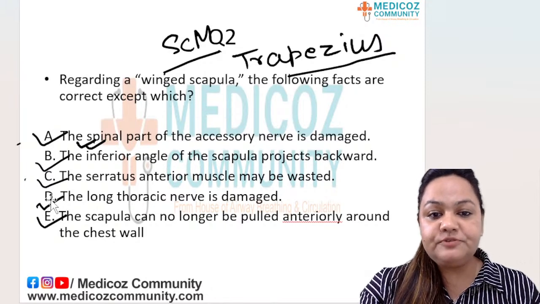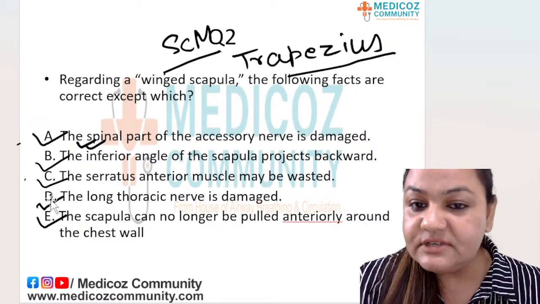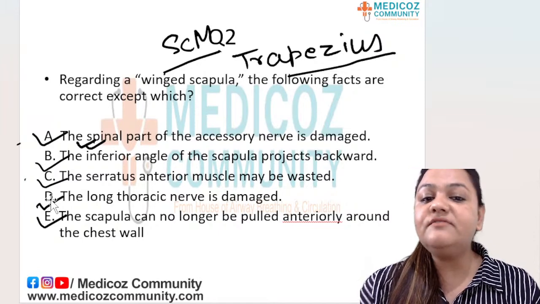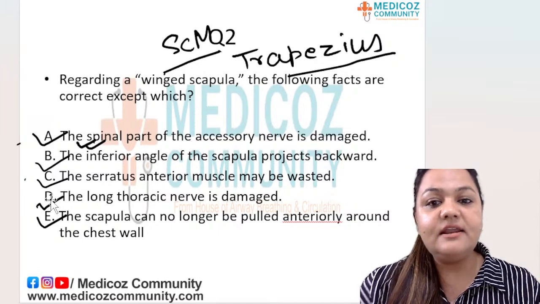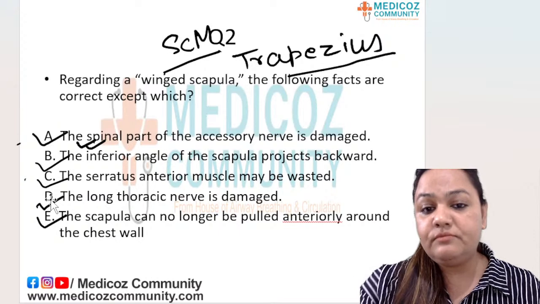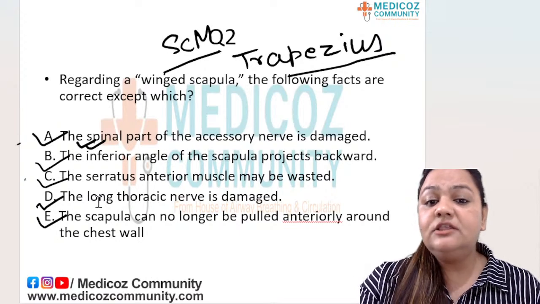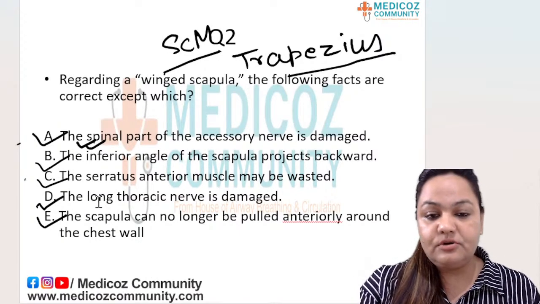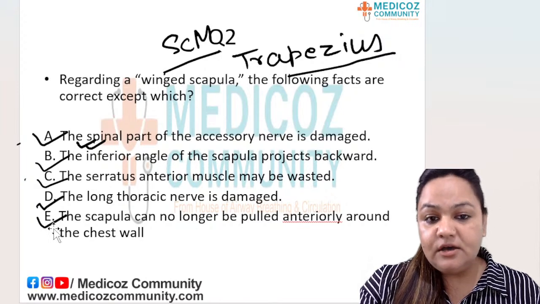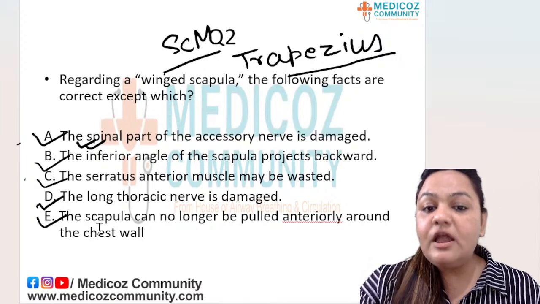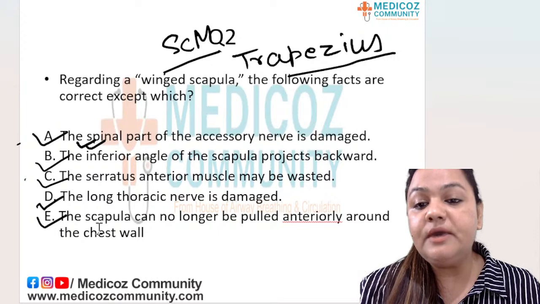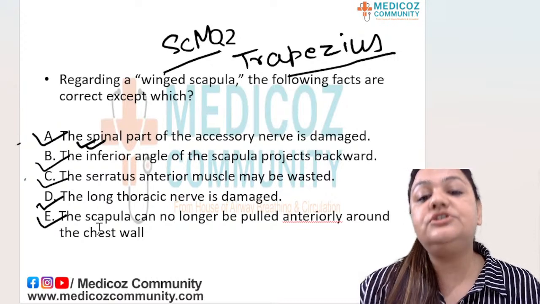Now we have option D, that is long thoracic nerve is damaged. Obviously the long thoracic nerve supplies the serratus anterior and it is paralyzed here. And why is it paralyzed? Because the long thoracic nerve is damaged. Now this option: the scapula can no longer be pulled anteriorly around the chest wall.